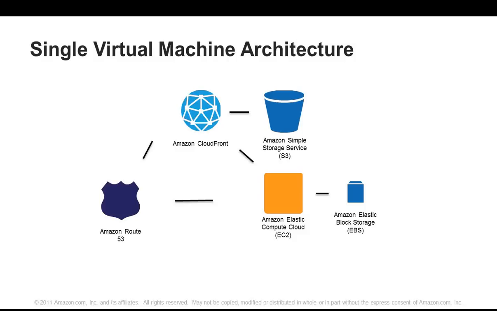Also, with using EBS for storage, while EBS is durable, it's not as durable as Amazon Simple Storage Service, or S3. So you can snapshot the storage from EBS into S3 to have the 11 nines of durability that you may require for your website or web application or different parts of data.